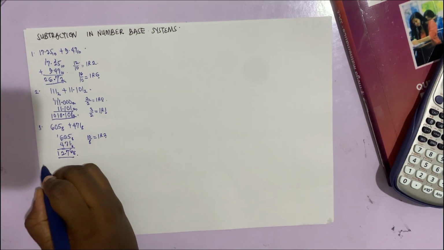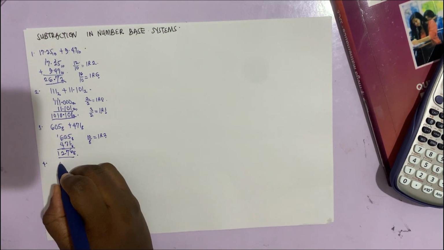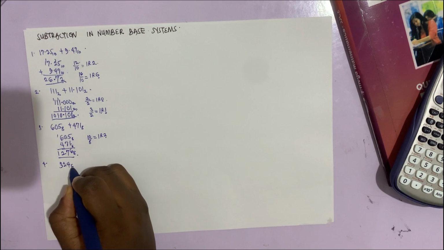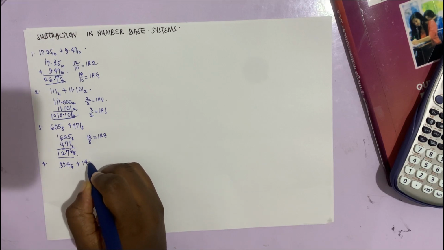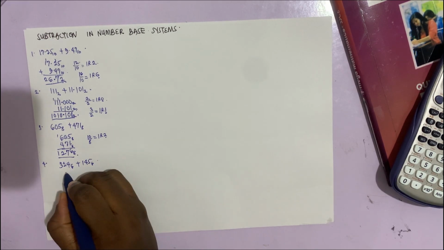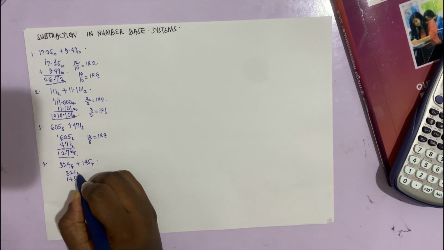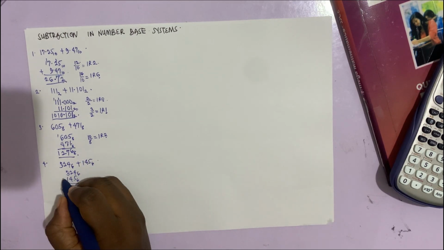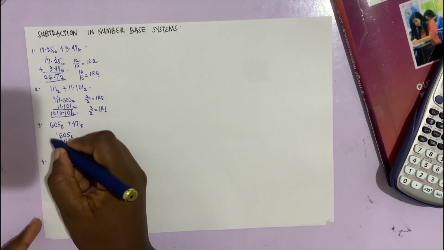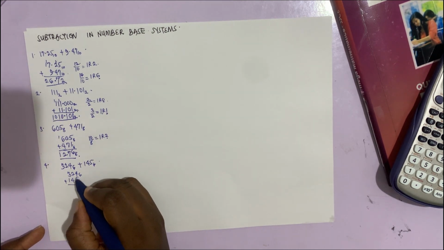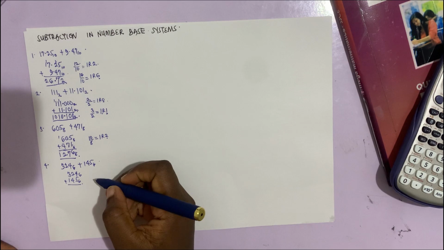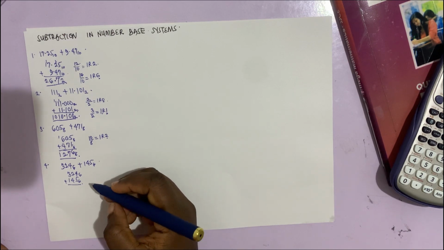That's our final answer. For question 4, we have 324 base 6 plus 145 base 6. So this is... remember to always add the addition sign. So 4 plus 5 is 9, but 9 is greater than the base, which is 6.